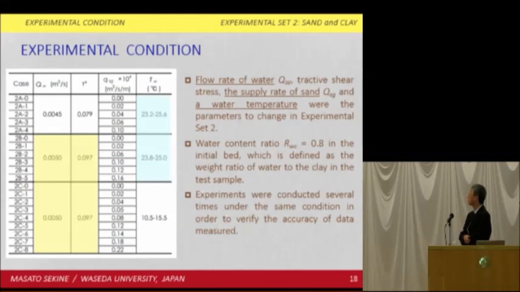Flow rate of water, the supply rate of sand, and water temperatures were the parameters to change in experimental set 2. And the initial bed water content ratio, RWC, is set to be 0.8.